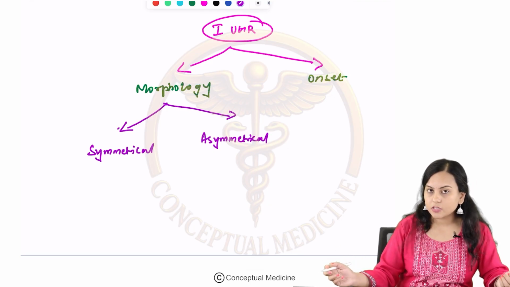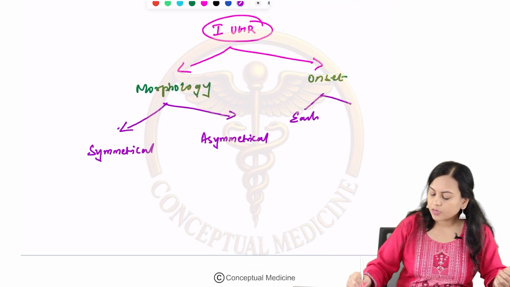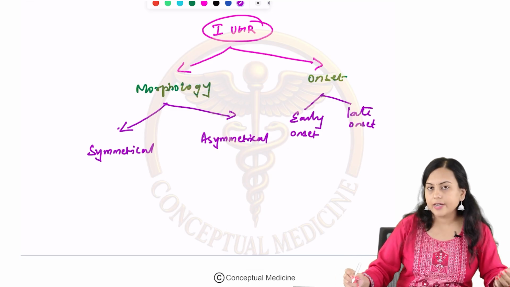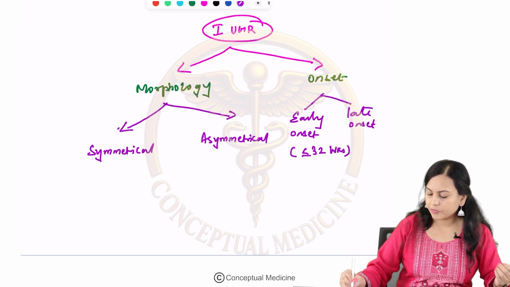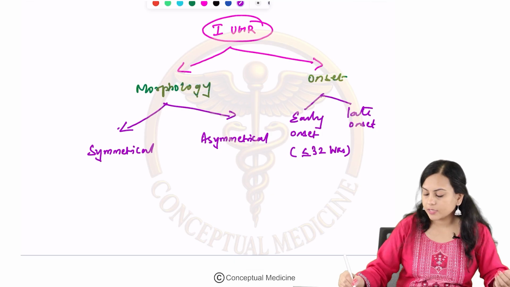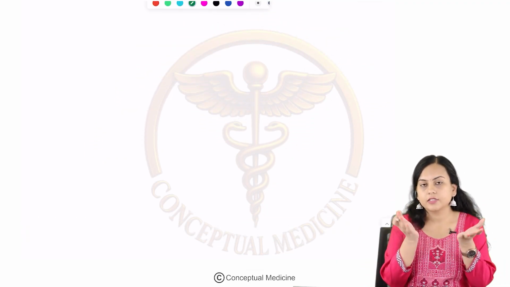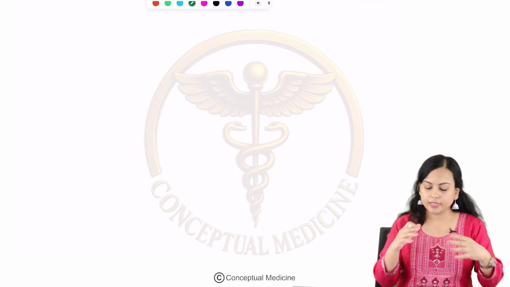And based on the onset of IUGR, it can be further classified into early onset type and late onset type of IUGR. Early onset type means that will be occurring less than or equal to 32 weeks, right? And late onset means it will be occurring more than 32 weeks. Clear? So first we'll see the difference between symmetrical and asymmetrical IUGR babies, right?